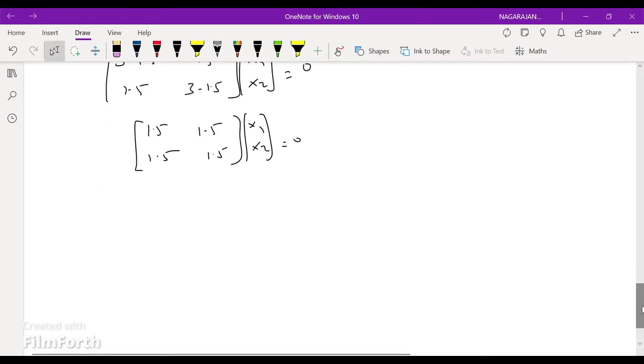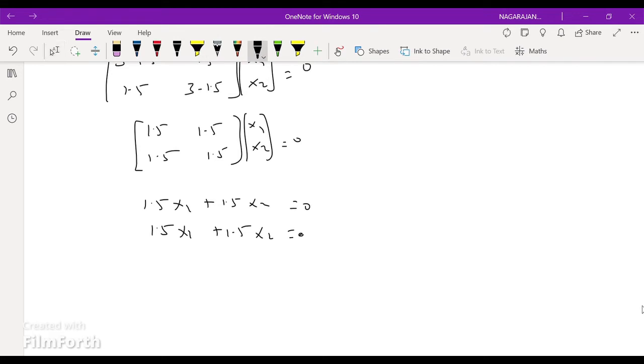The equations are the same: 1.5 x1 plus 1.5 x2 equal to 0. So we can write x2 equal to minus x1. Assume x1 equal to 1, then we get (1, minus 1).